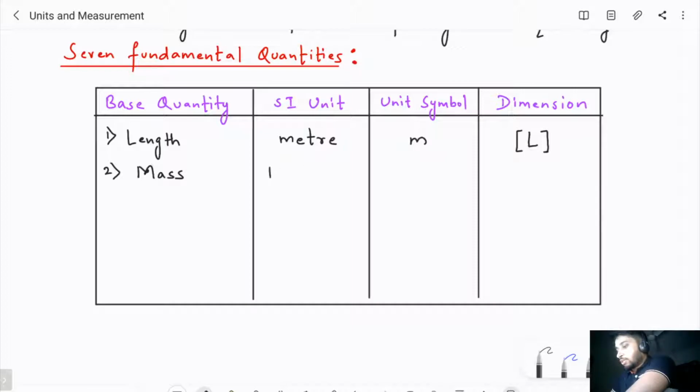SI unit of mass is kilogram. Unit symbol we have kg, and its dimensional representation is capital M.